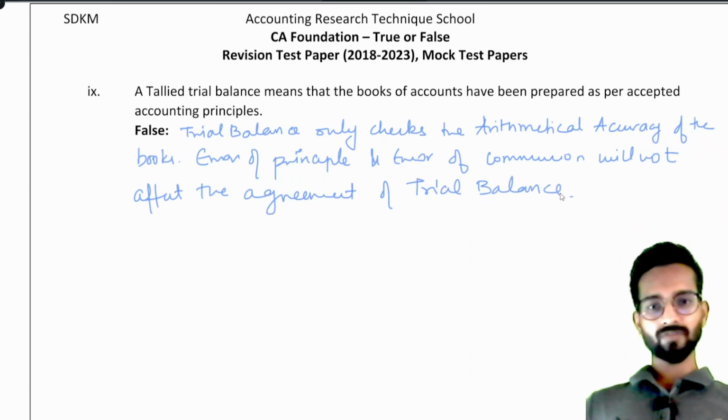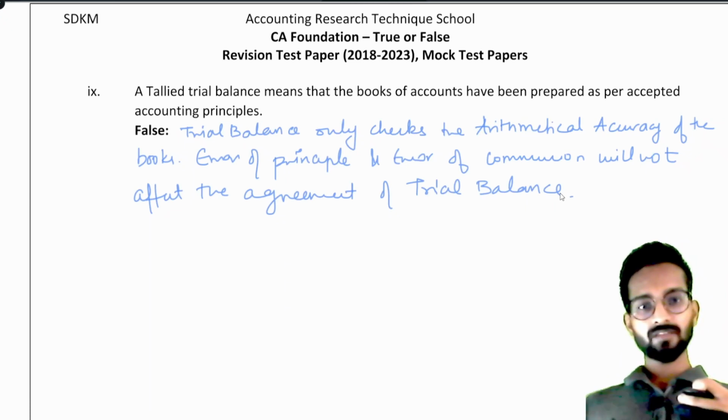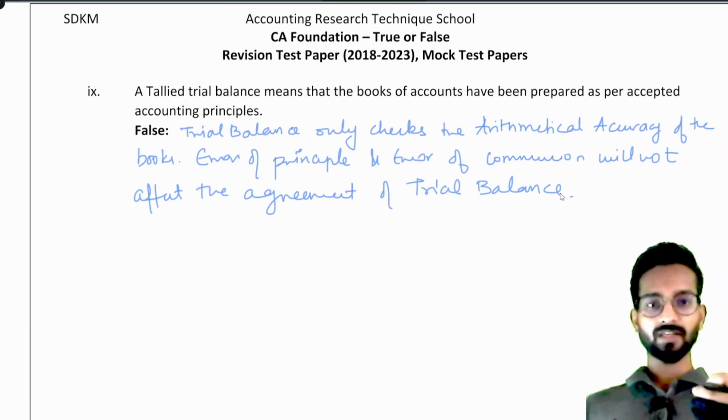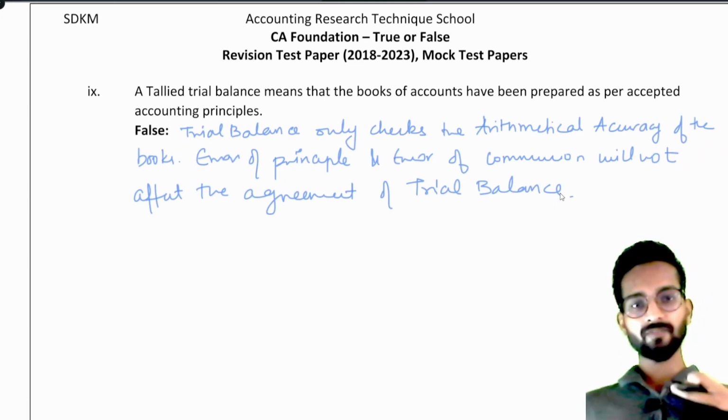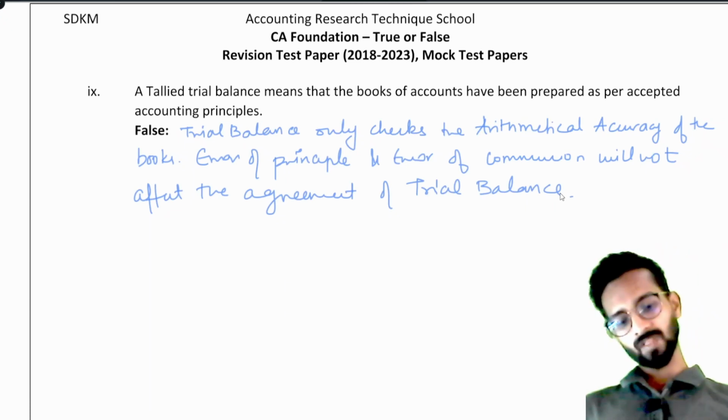See, rectification of errors includes error of principal and error of commission. If you know thoroughly about these errors, you will know that the entry we are passing, the debit and credit entry, the debit and credit side will obviously tell you because we are passing the journal entry. Even if it is wrong, still the sides will match, and that is what trial balance says. Trial balance will just match the debit total and credit total. Okay.